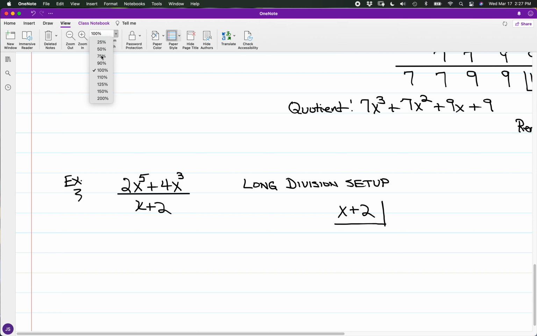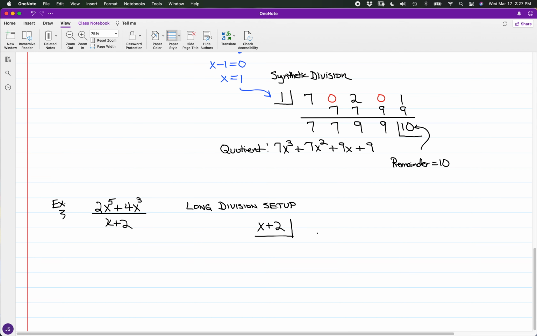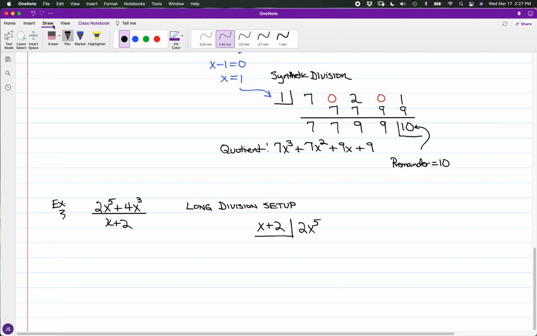For the dividend, I have 2x to the 5th. Notice that the next term we have is 4x cubed, so I'm missing a fourth order term. So I'm going to use 0 as a placeholder, and I have 4x cubed.